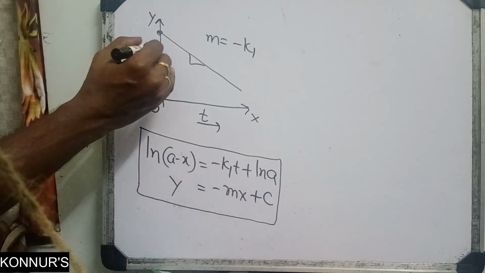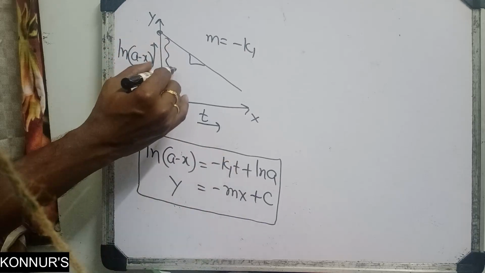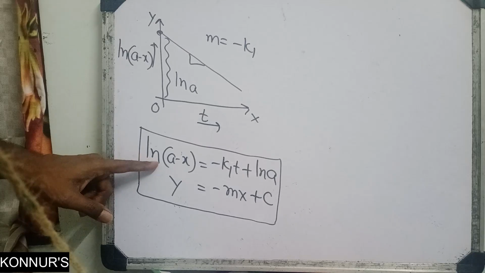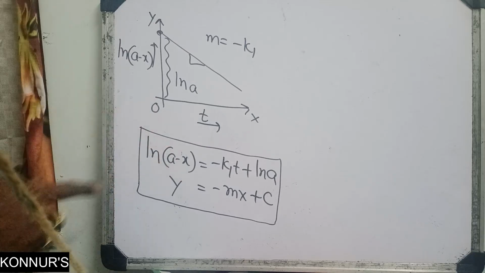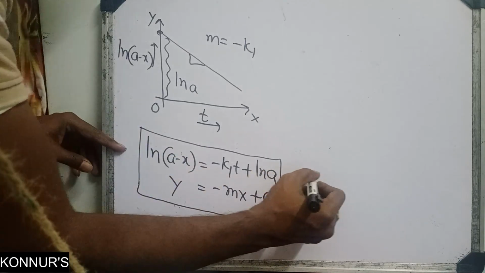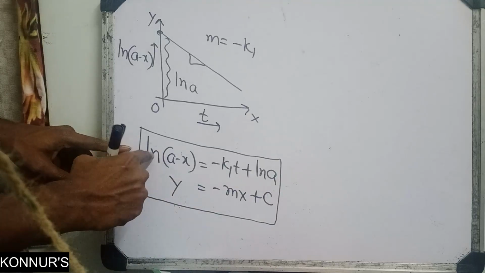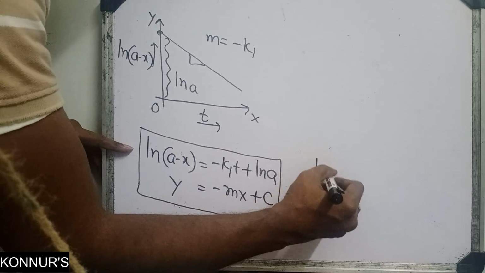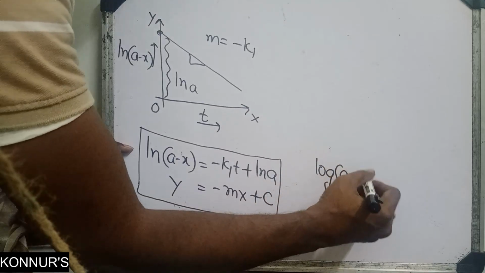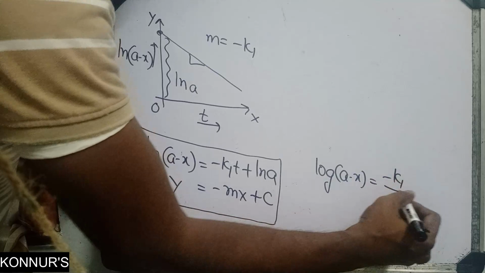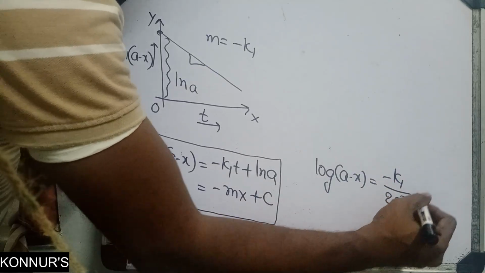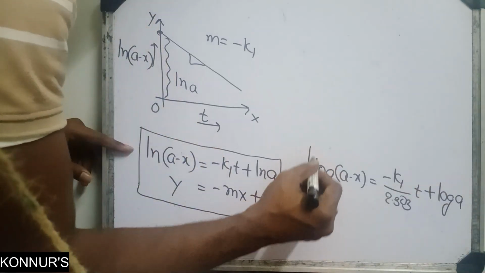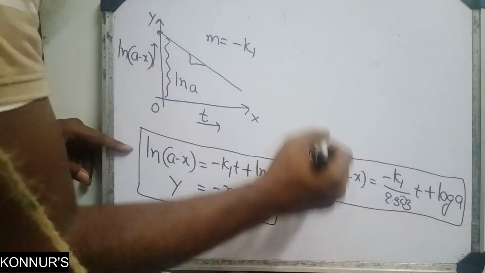Next, the intercept value is ln A, where ln means natural logarithm. You can convert into base 10 logarithm with 2.303. Then log of A minus x equal to minus K1 by 2.303 t plus log A. This also you take as a graph.